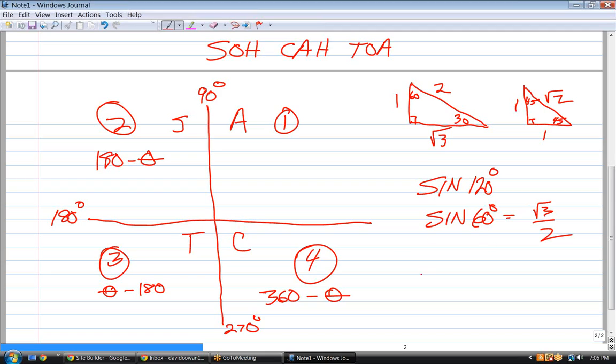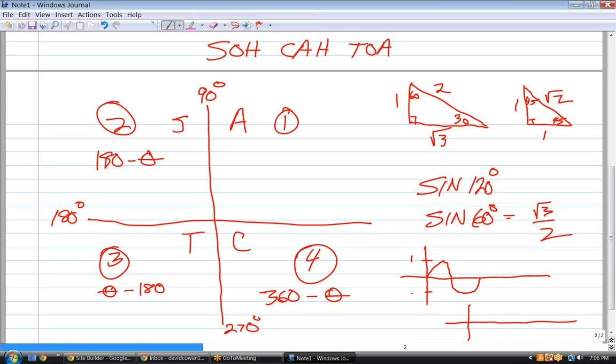The only other two things you need are to know what the sine curve looks like and the cosine curve, which will allow you to answer the quadrantal angles.